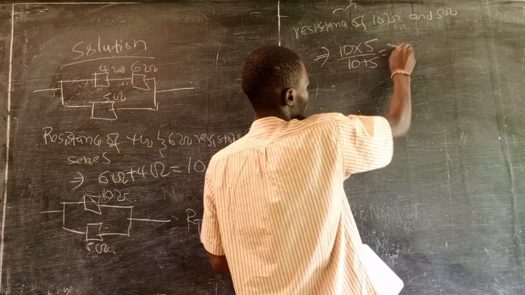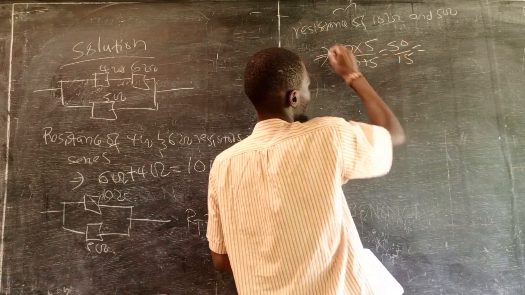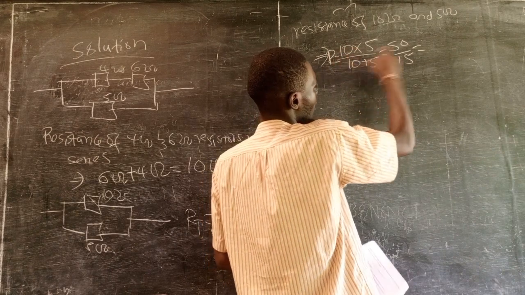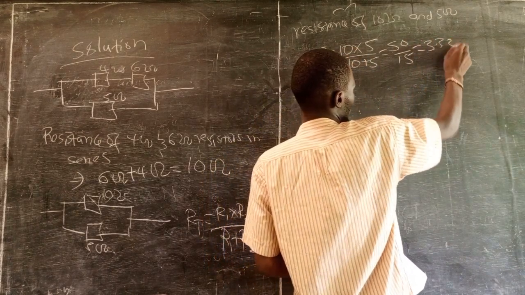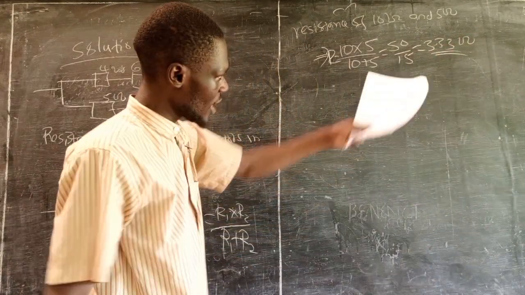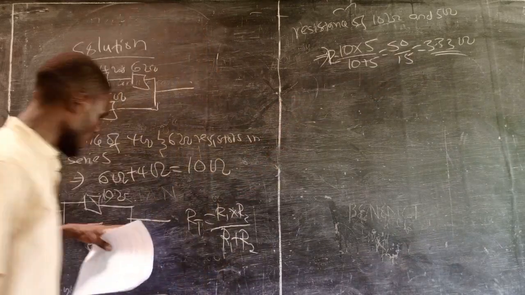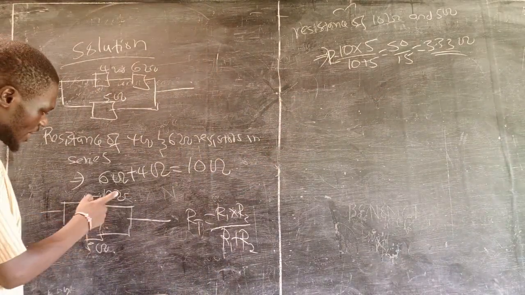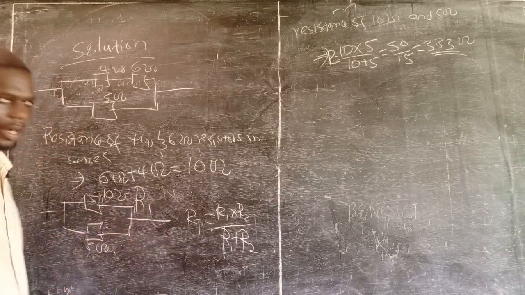That becomes 50 divided by 15, which is 3.33 when you use the calculator. That's it. Now we have the resistance for this 10 ohm and 5 ohm, so let's call this one R1.